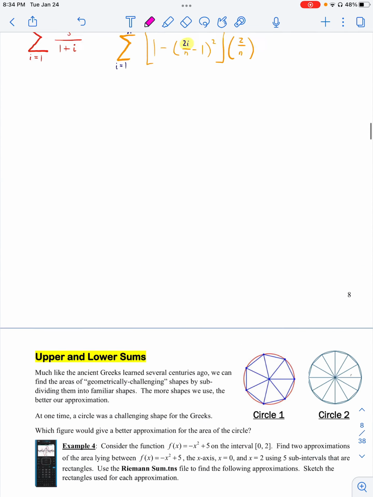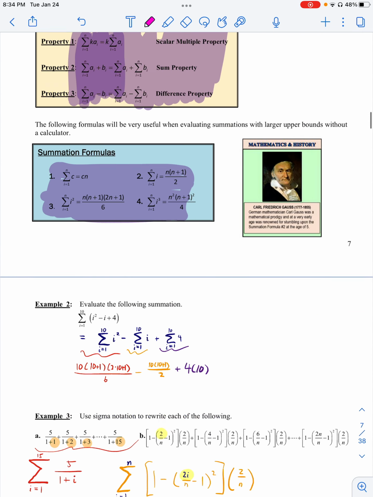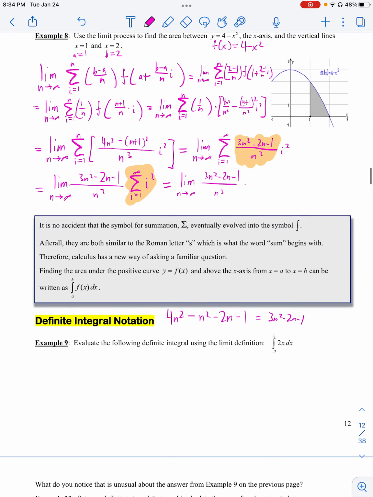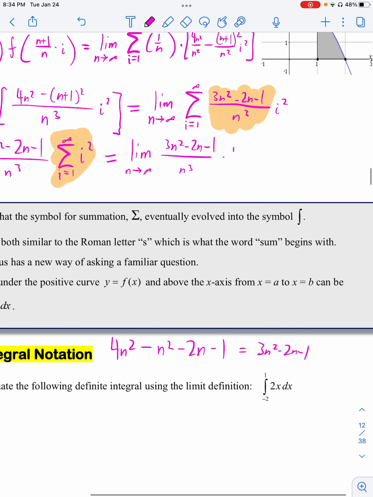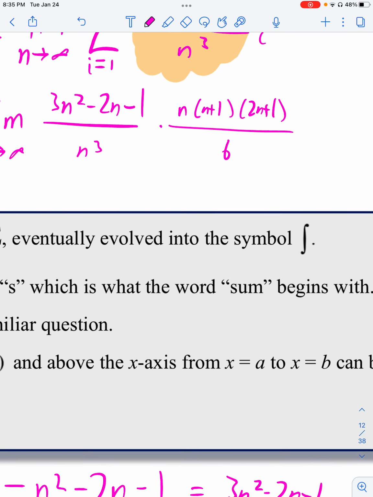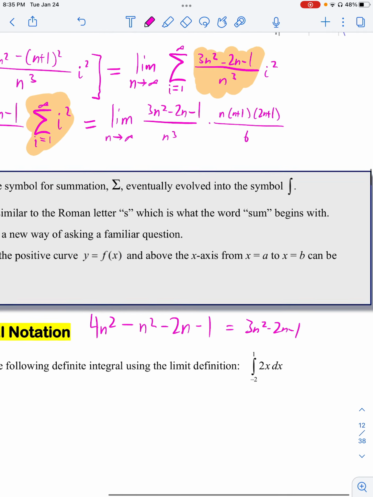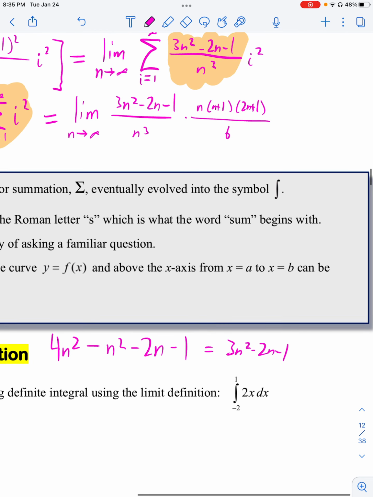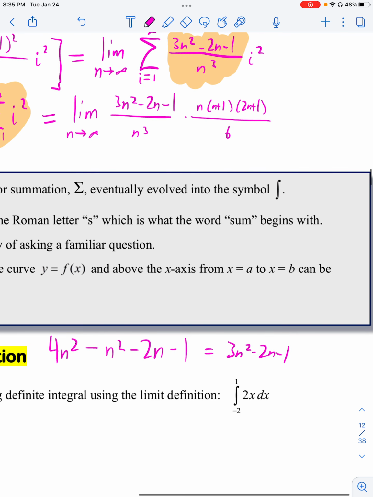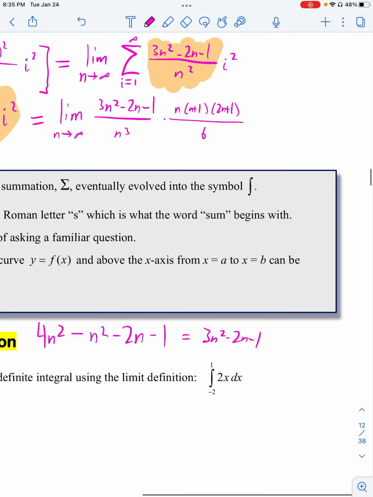I've got to look at it again, sorry. Over 6. Oh my gosh, this is filthy. Do I want to do all this algebra? This is a limit as n goes to infinity.